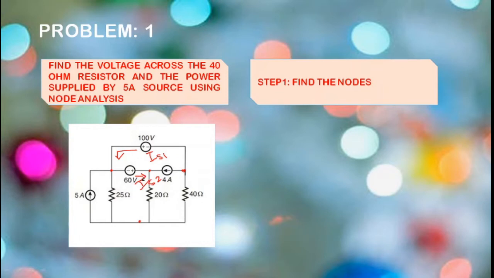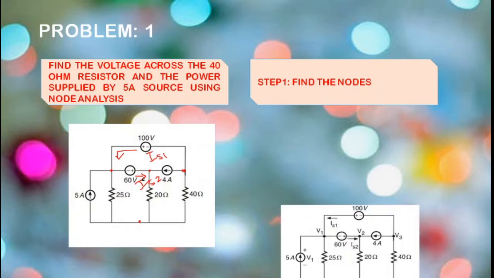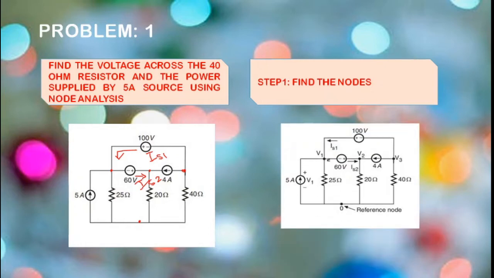So I am going to put an arrow towards node 2. So this is the direction of flow of the current. Here we can see the nodes are plotted and the direction of current is assumed.